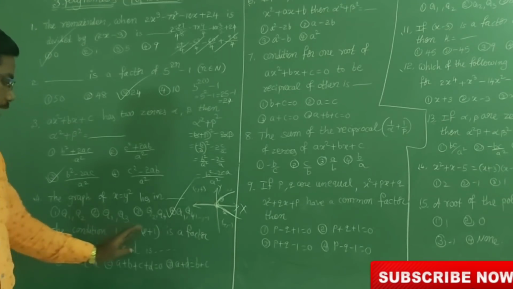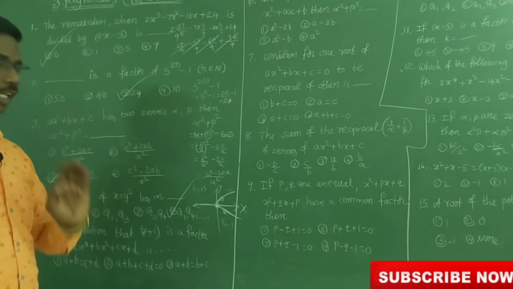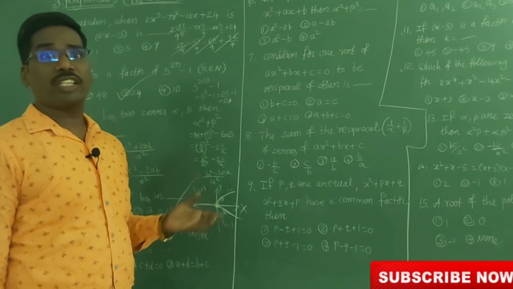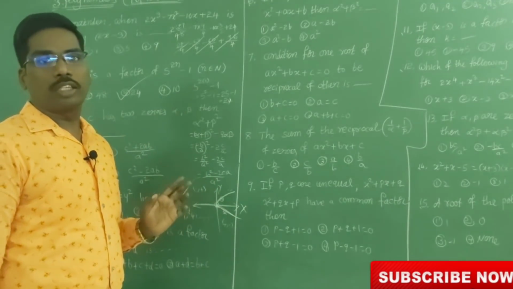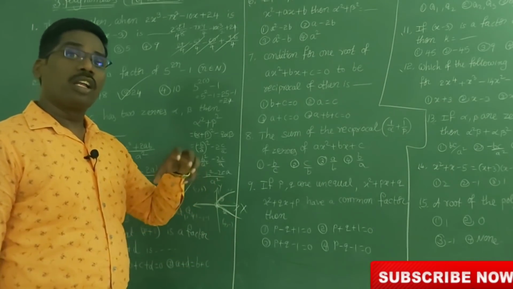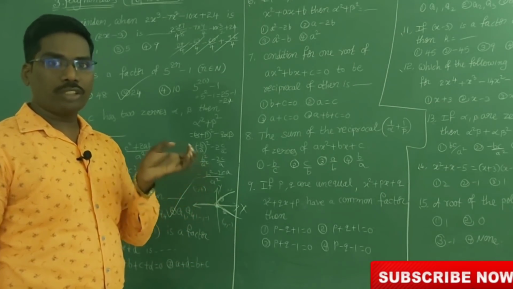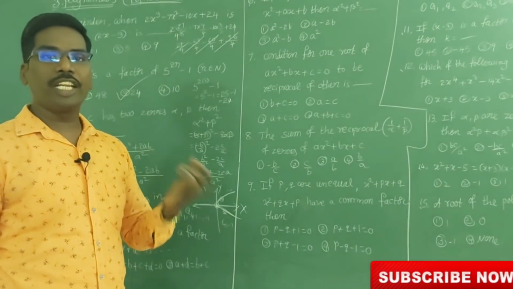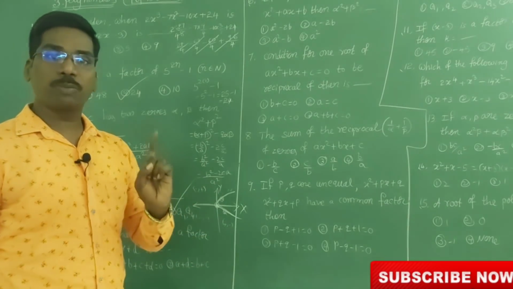The condition that x plus 1 is a factor for this polynomial: already I explained, if x minus 1 is a factor, the sum of the coefficients of all terms is 0. If the sum of the coefficients of the odd powers is equal to the sum of the coefficients of the even powers, then x plus 1 is a factor.